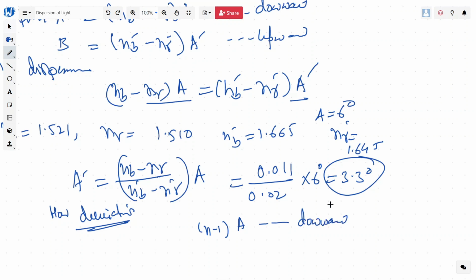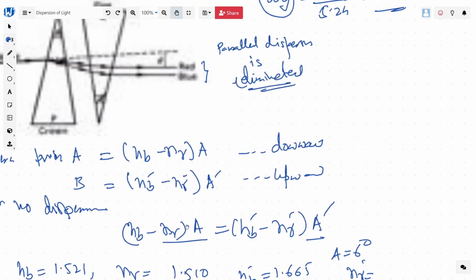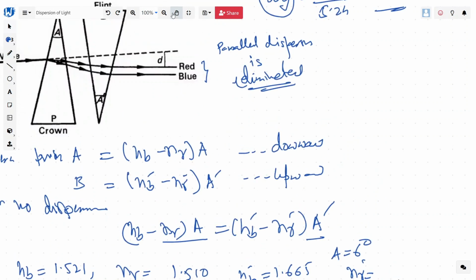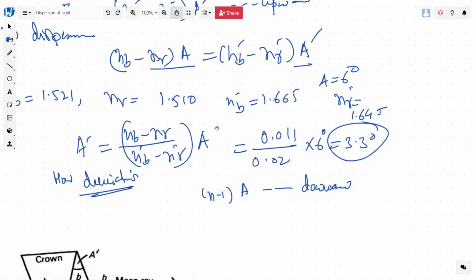Now this other prism is upside down, so this time when the ray of light is coming, the deviation is going to be upward. And this time it is going to be (n' minus 1) times A', and this is going to be upward.